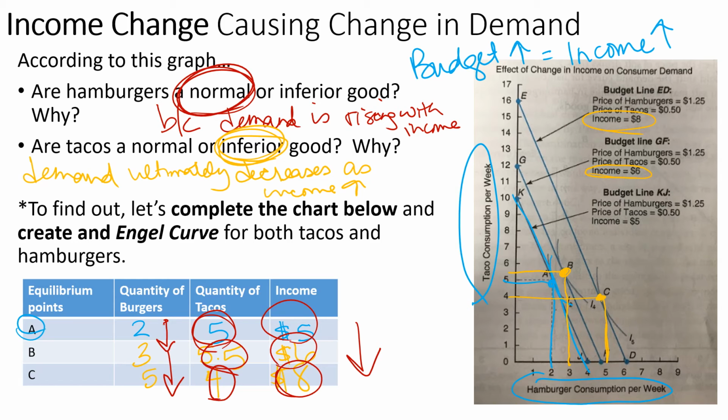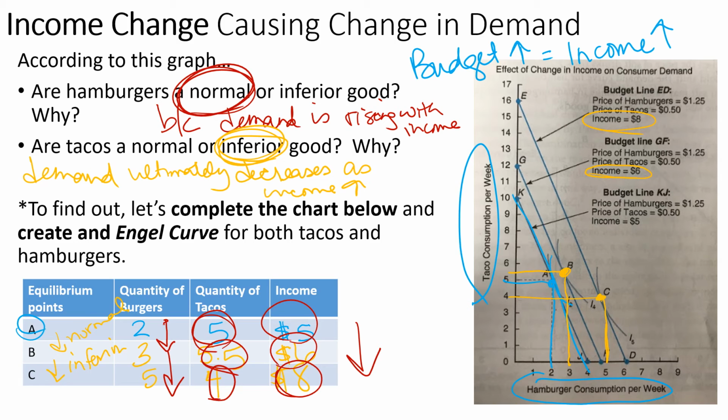Or you could say that from points A to B, it's a normal good because demand increases from 5 to 5.5, and then from B to C, it's an inferior good because demand drops from 5.5 to 4. So I'd take either one of those answers.